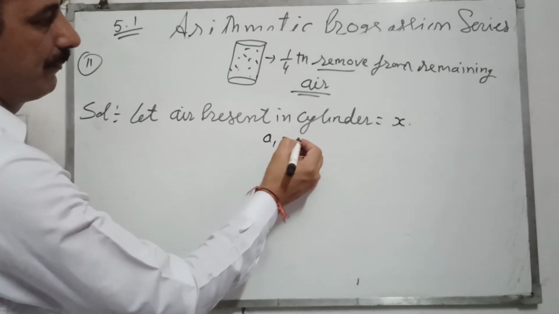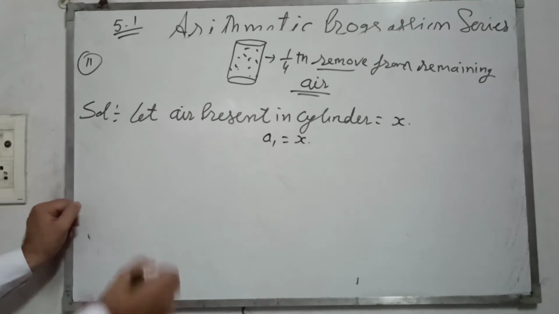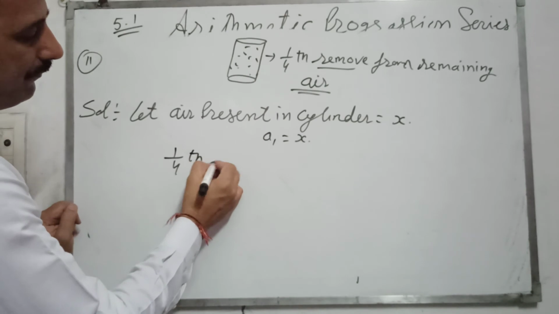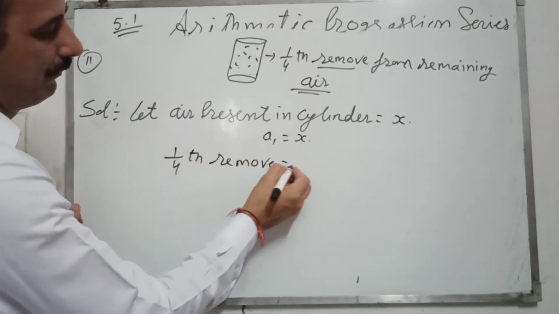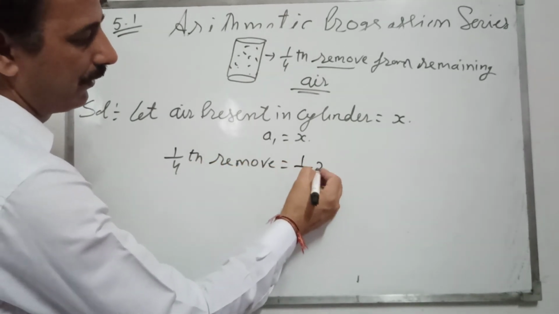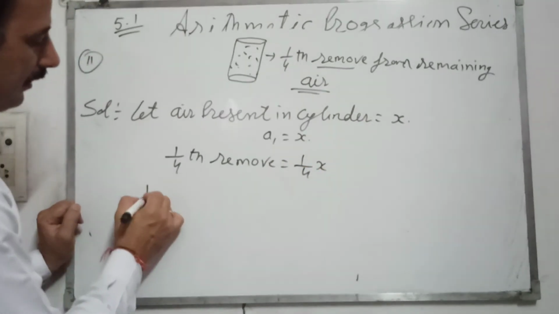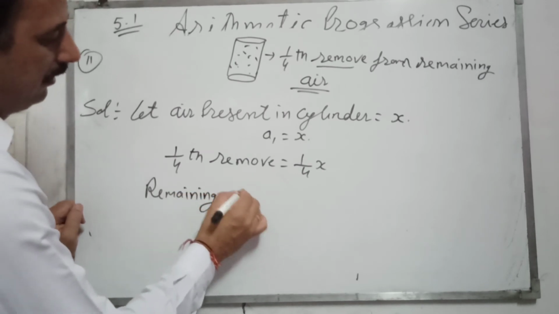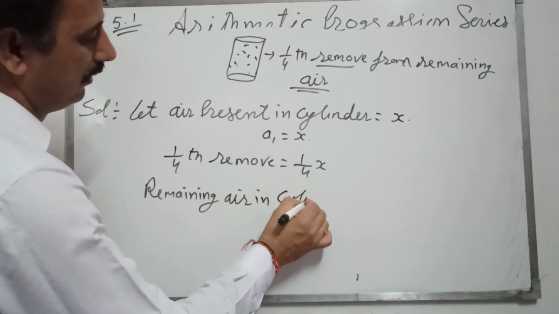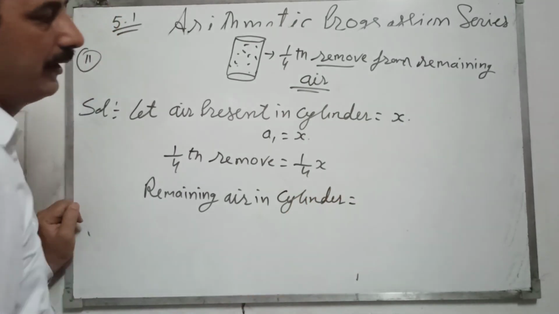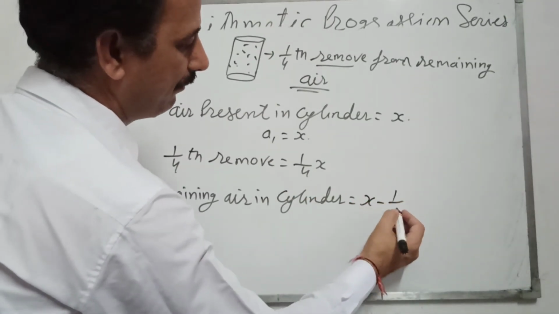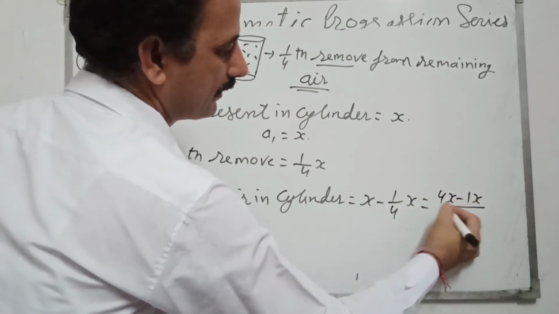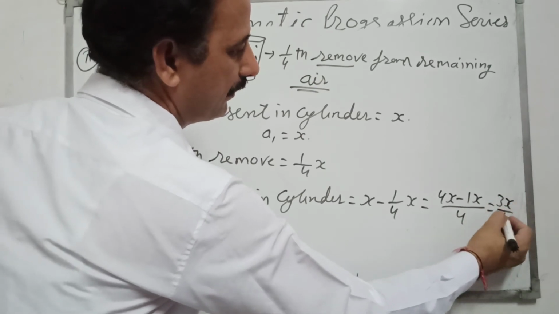The first time, the air present is X. We remove 1/4 of X. The remaining air in the cylinder is X minus 1/4 X, so 4X minus X upon 4, which is 3X upon 4.